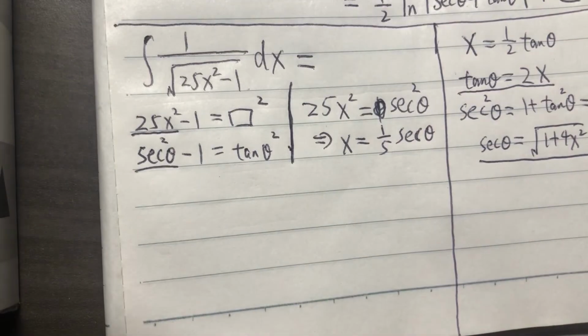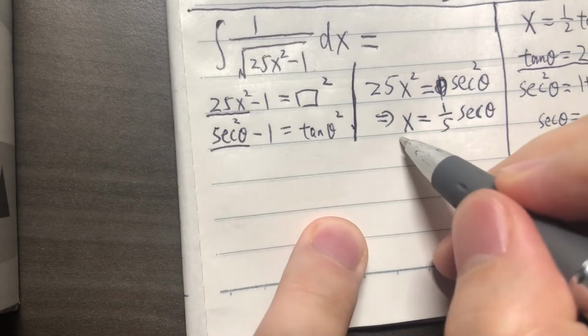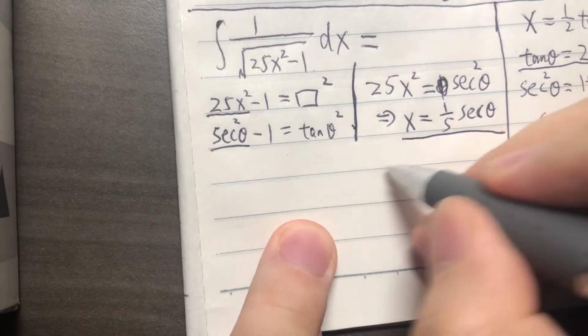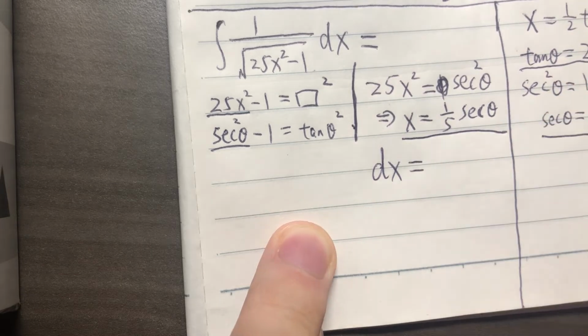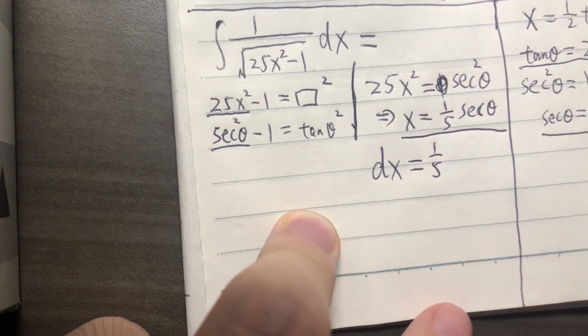Okay, let's get back to this problem. Okay, so this is a trig substitution. And what about dx? dx is 1/5 times the derivative of secant.